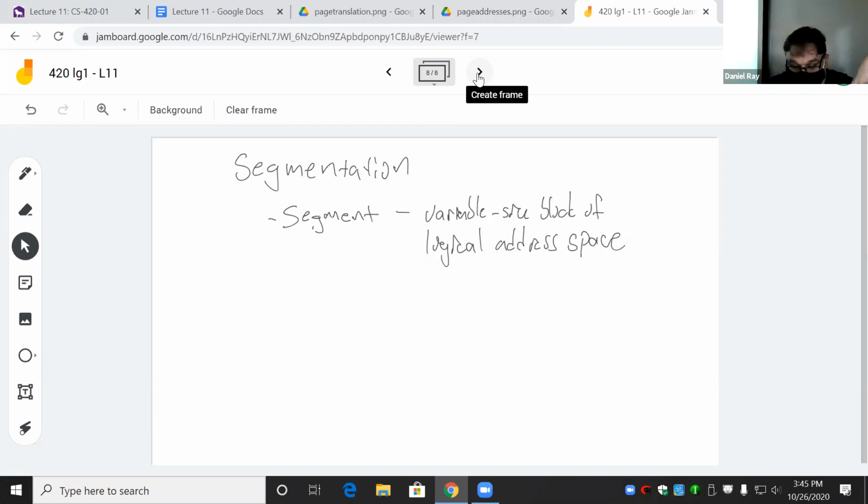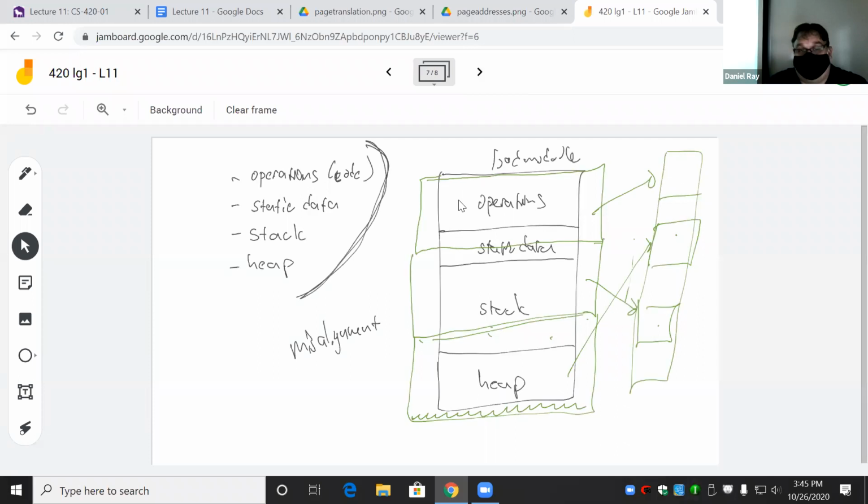It's not a whole program. It's not a load module. It's just a variable size chunk of a load module. That'd be great, because what I'd really like to be able to do is move all the operations, the instructions, into memory as one chunk. And I'd like to move all the static data into memory as one chunk. Or perhaps operations and static data together into RAM as one segment.